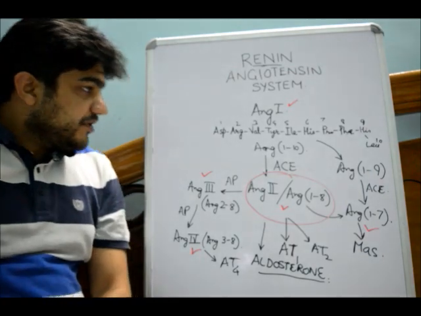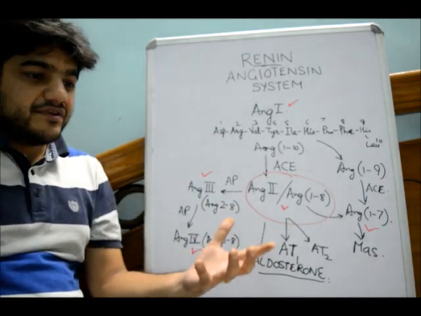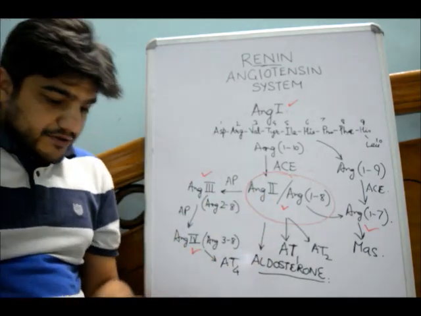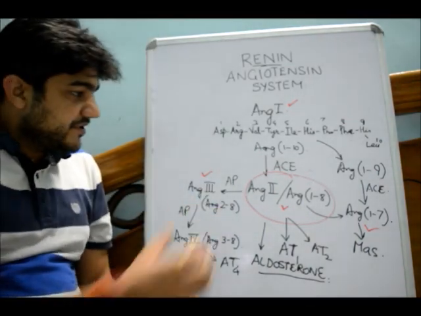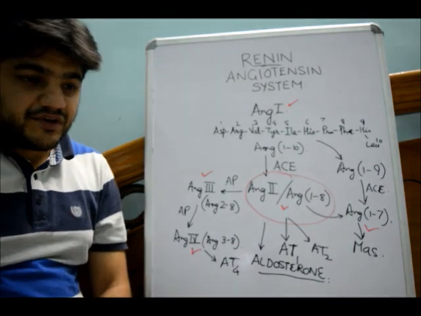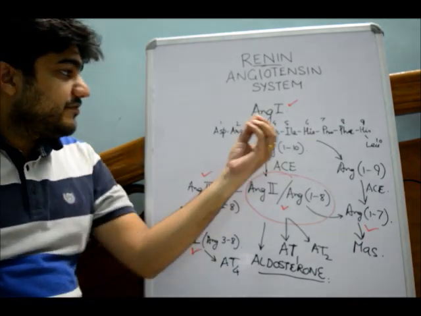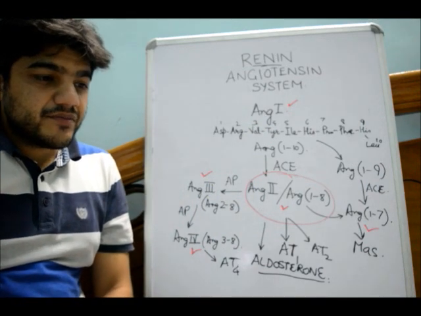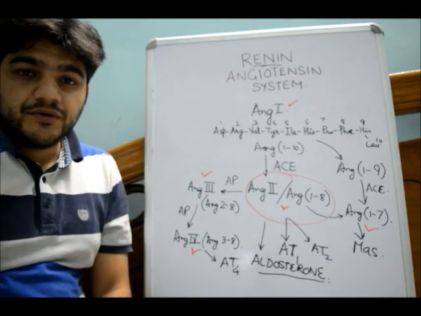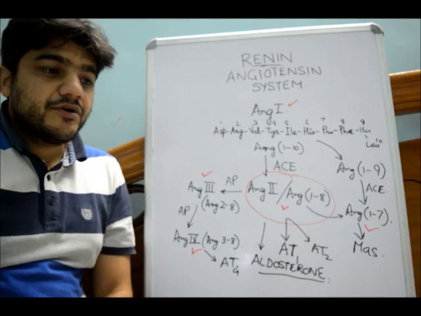So that leads to problems such as hypertension. Now, how is this system stimulated? What is the stimulus for the release of this system? We need a stimulus, and the stimulus is a decreased tubular load to the tubules.